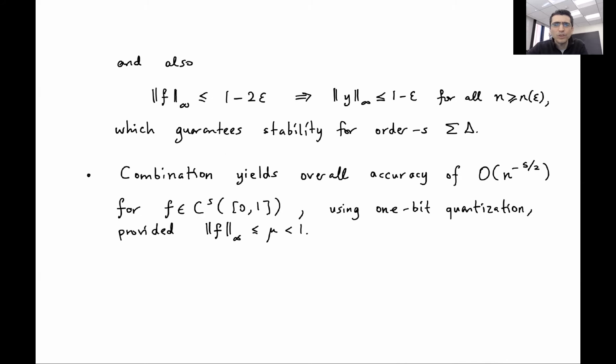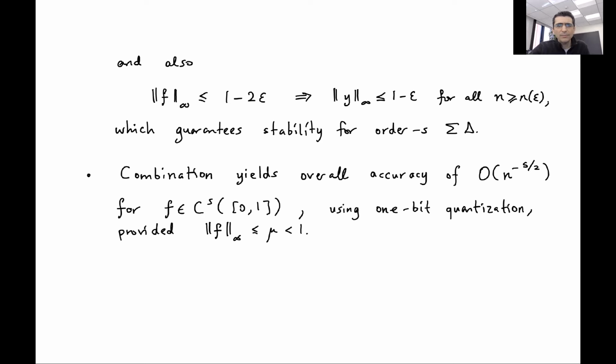So we show that one can control the size of the coefficients in order to guarantee solutions of the quantization problem that comes after that. So overall, we can combine those two methods to get an overall accuracy of n to the minus s over 2 for s differentiable functions using one-bit quantization.